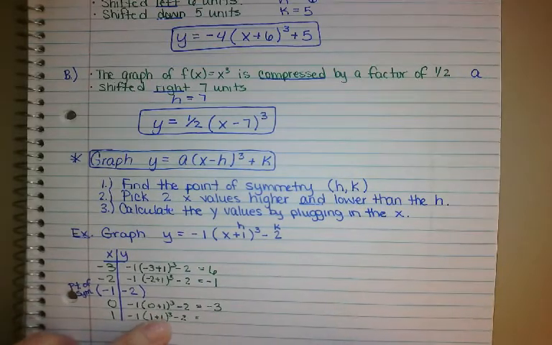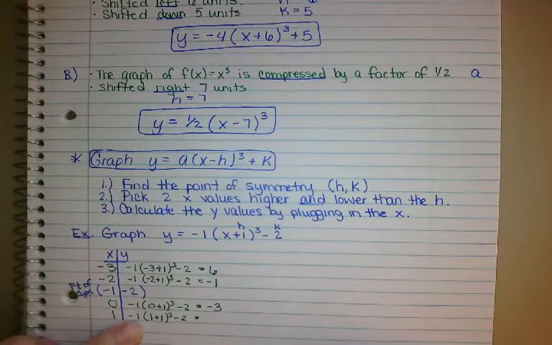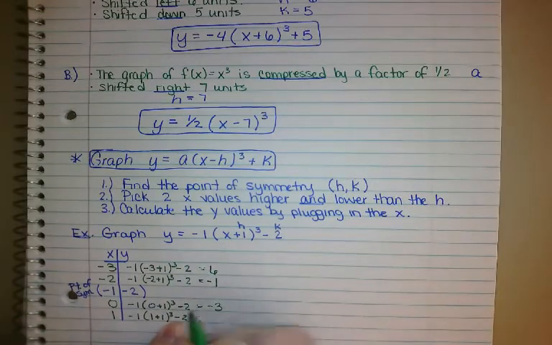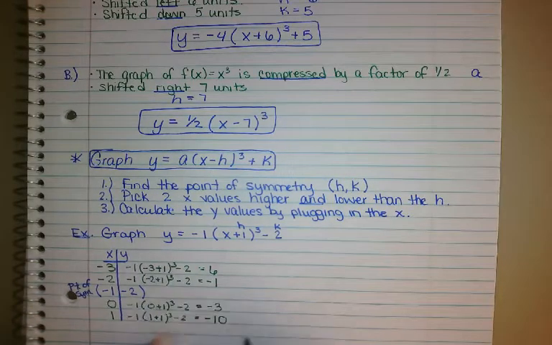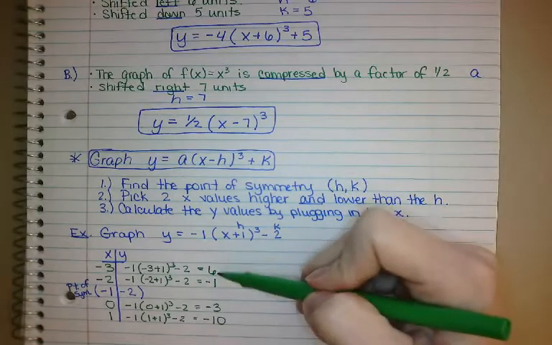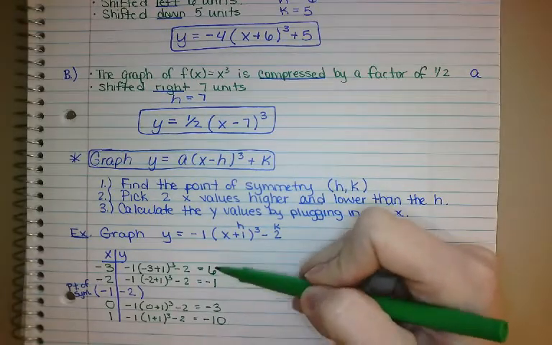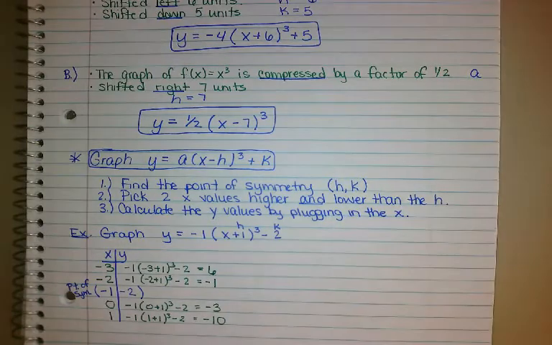Now 2 cubed is 8 times -1 is -8 minus 2 is -10. If any of these values go beyond 10, you can still list them, but don't worry about graphing them.